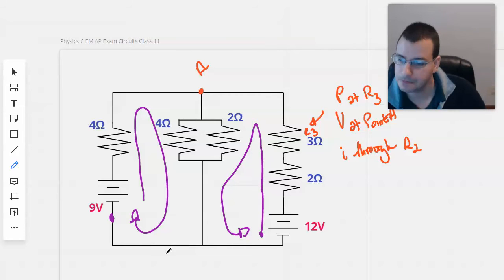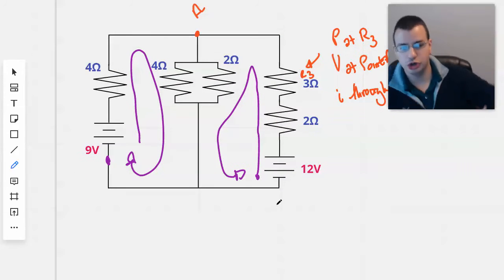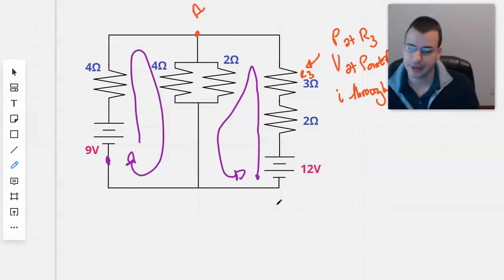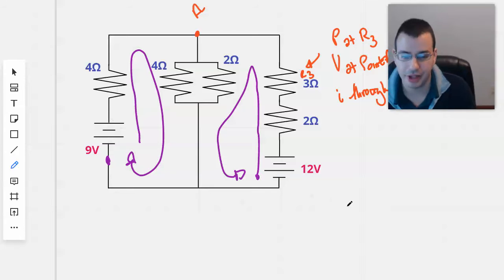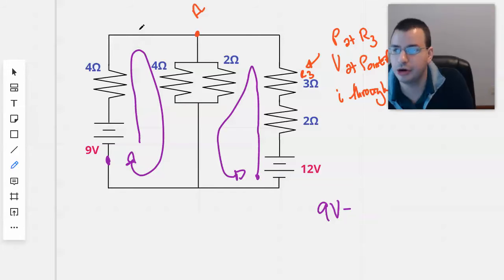So I'm going to start over here with loop 1, and I'm going to write out our Kirchhoff's voltage law. So start here, we go through the battery, that's going to be 9 volts. And then we're going to have a voltage drop across the 4 ohm resistor. I am going to say we're going to have 3 separate currents or flows.